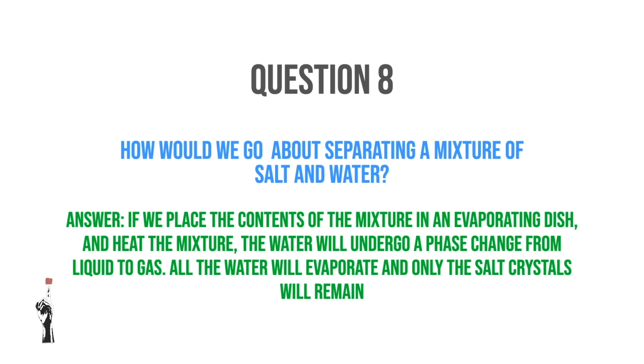Water has a boiling point of 100 degrees. If I were to decant this into an evaporating dish and heat it up to 100 degrees, the water would evaporate, undergoing a phase change from a liquid to a gas. And the only thing that will remain on my evaporating dish is the white substance that we know would be table salt or sodium chloride.